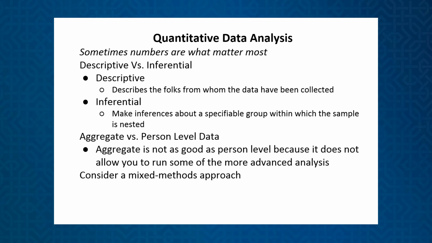Another thing is the need for person level data. What I mean by that is some folks who do the evaluations for you will provide you only with aggregate information, not at the individual person level. And the reason that aggregate is not as good as person level is because it doesn't allow you to run some of the more advanced analyses. You can't really see relationships and correlations unless you have person level data.